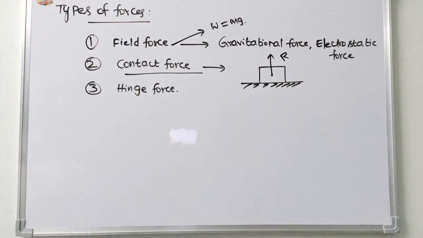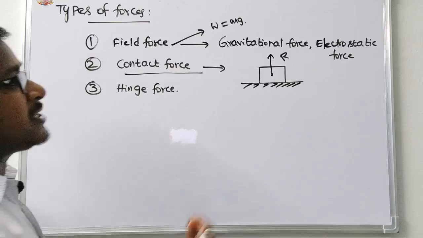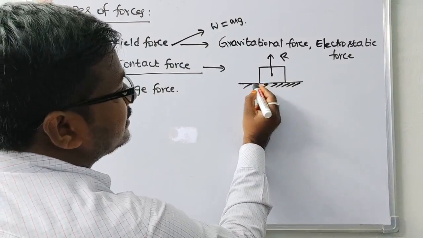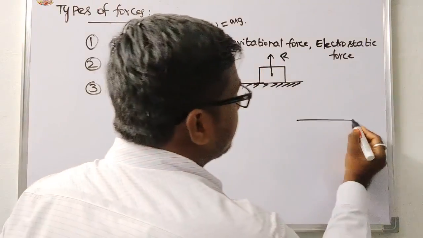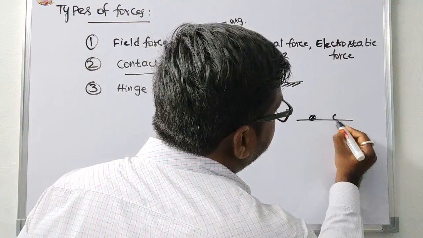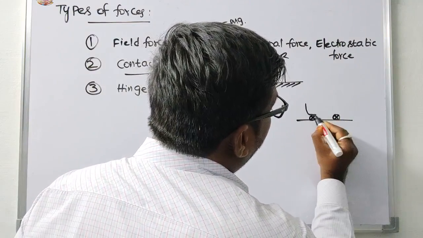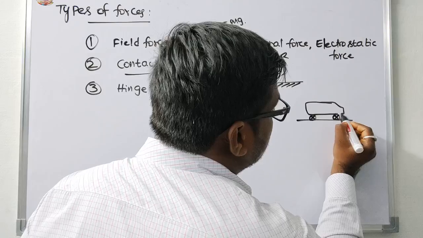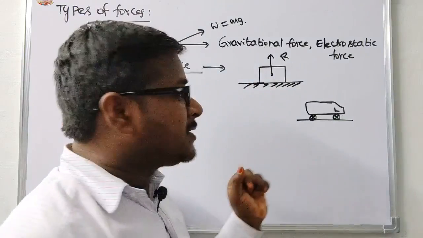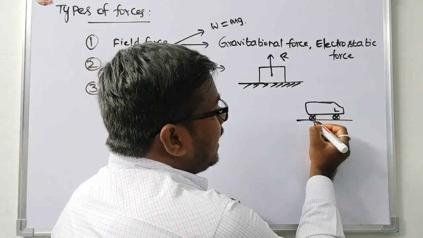If the objects are in rough contact and have a tendency to move relative to each other without losing contact, then that force is frictional force. For example, a car moving on a road.